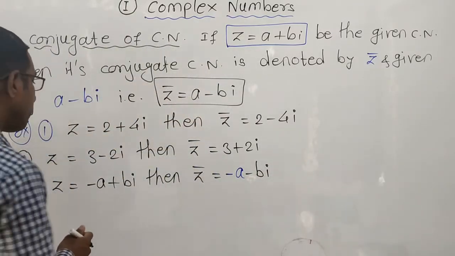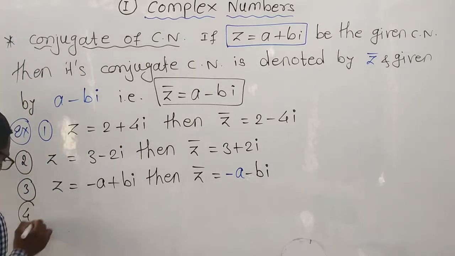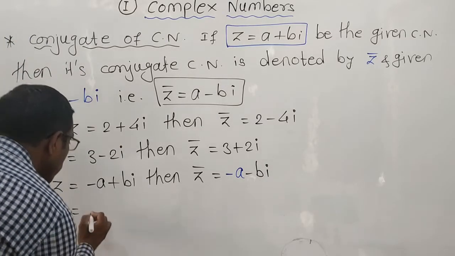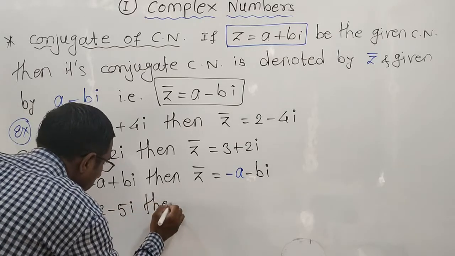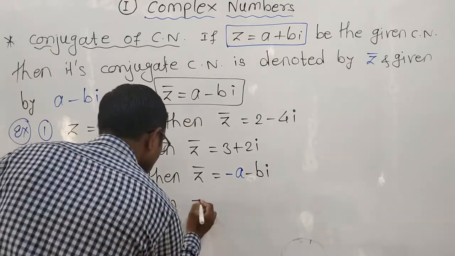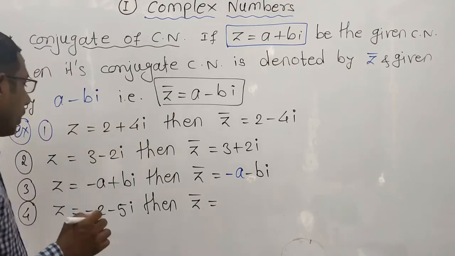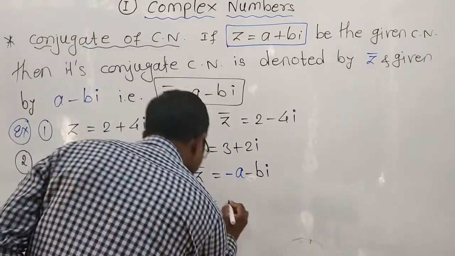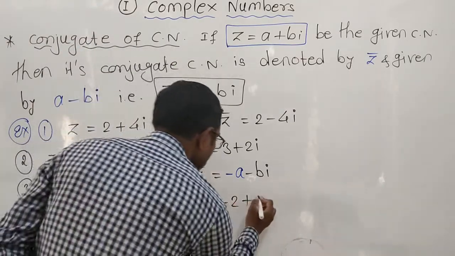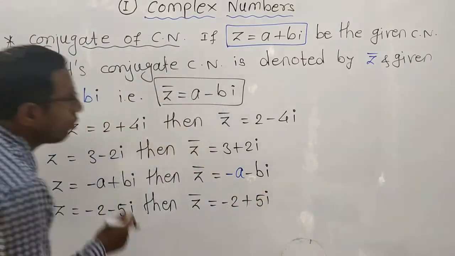Is that clear? Fourth one, z is equal to minus 2 minus 5i. Then its conjugate is given by simply reversing the sign of the imaginary part. It is minus 2 plus 5i. So note it down properly.